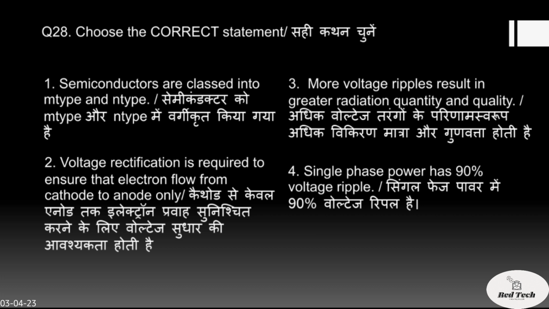Option third, more voltage ripple results in greater radiation quantity and quality. Option 4, single phase power has 90% voltage ripple. So the right answer is basically option number second, meaning voltage rectification is required to ensure that electrons flow from cathode to anode only.